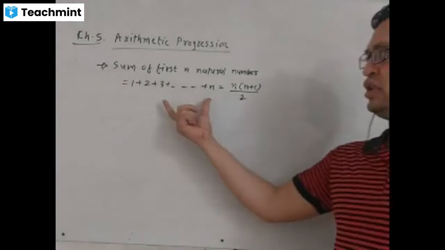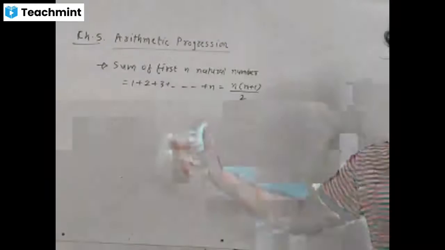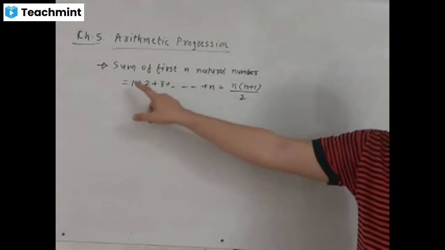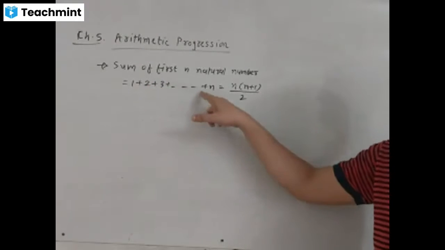Suppose we find the value of the sum of first 20 natural numbers, 1 plus 2 plus 3 up to 20.